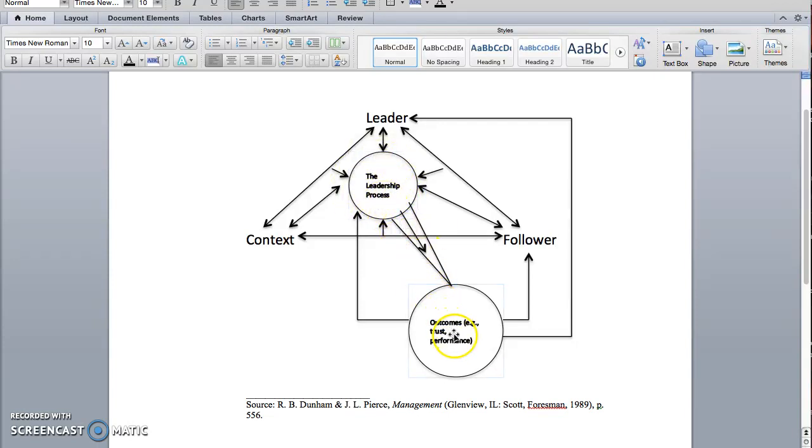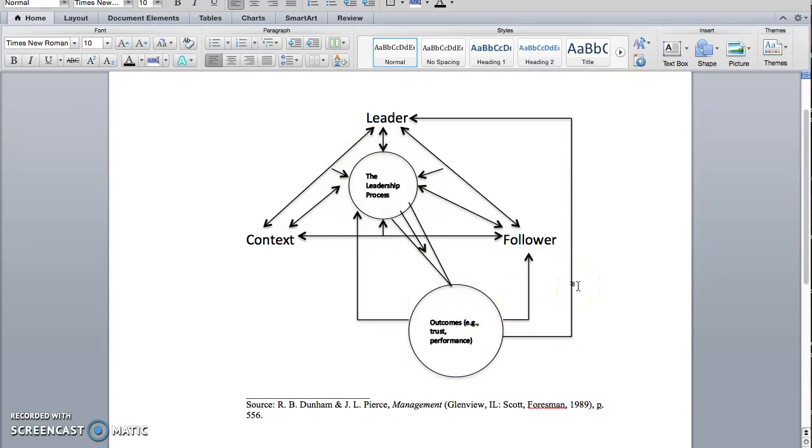And then there's the outcomes and the results. So what Dunham and Pierce argue is that leadership is a dynamic process that always has these elements to it: leader, follower, context, circumstances, then ways that influence is happening, followed by outcomes.